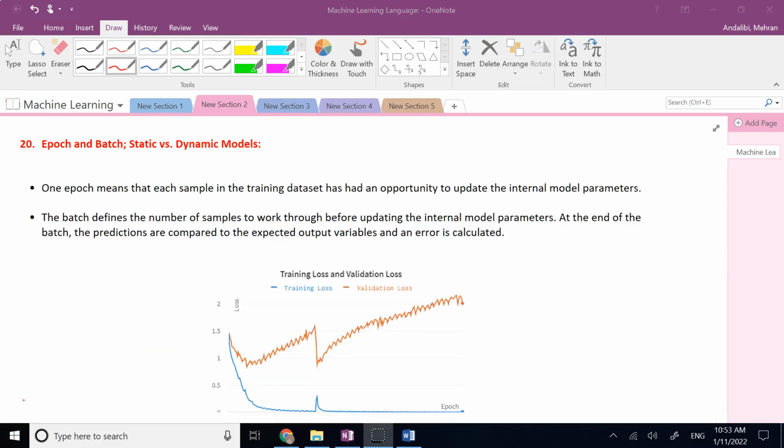The next categories are the epoch, batch, static, and dynamic models. So an epoch is basically what? It means the portion of the time or steps in the training during which each sample in your training set had the opportunity to be used at least once in the optimization process, in updating the weights, the parameter models.